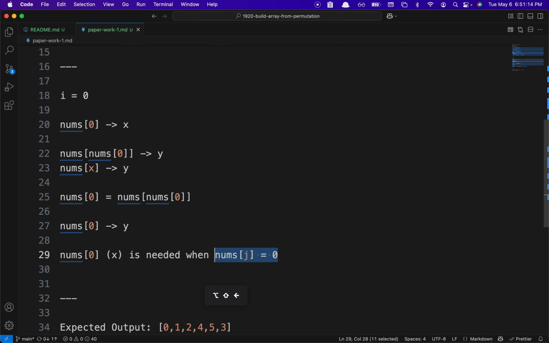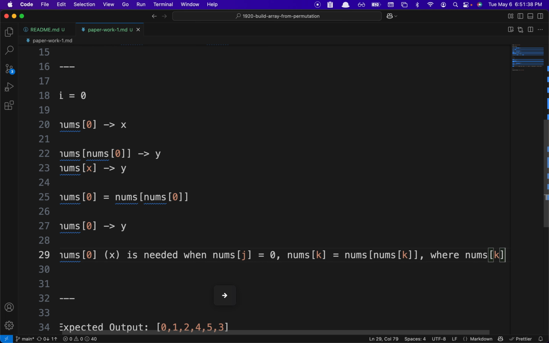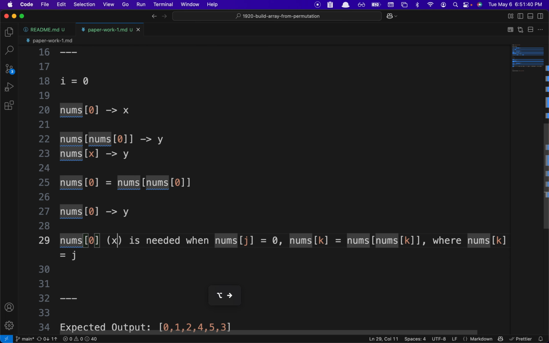Because then, if something points to 0, then you will have nums of j equal to... like this is what you will need, k, where nums of k equals j, is needed when this nums of j is 0.